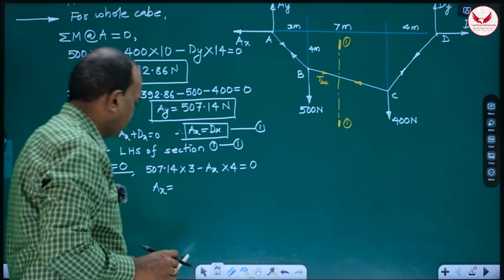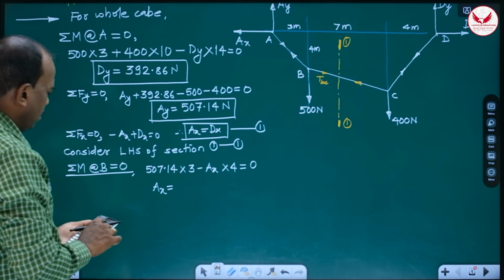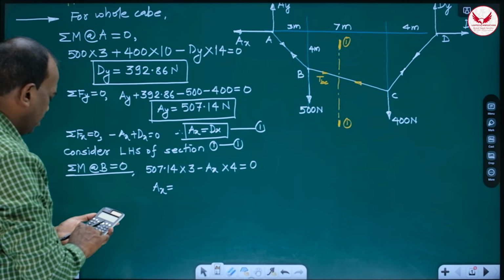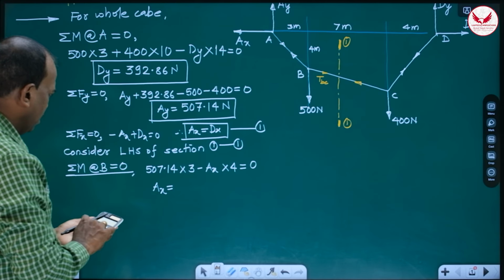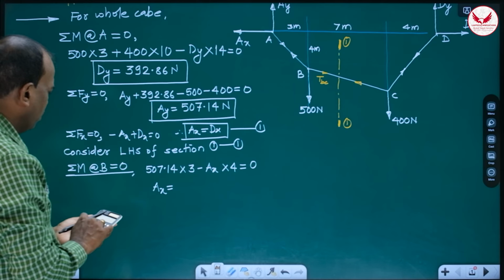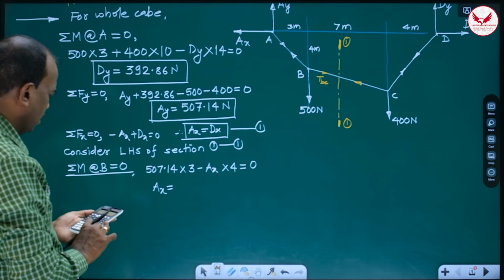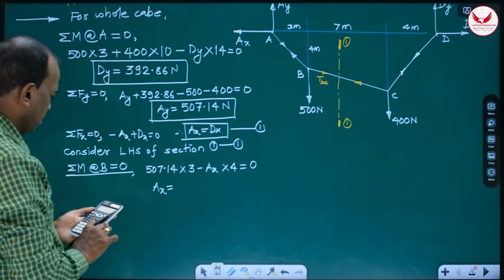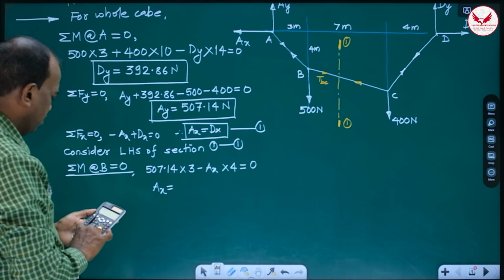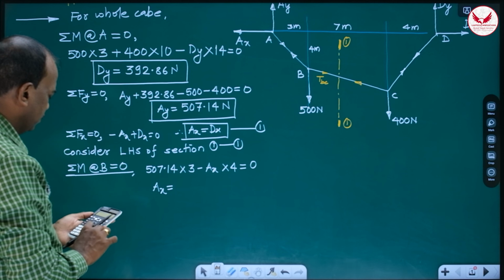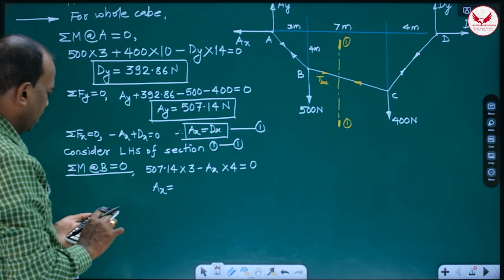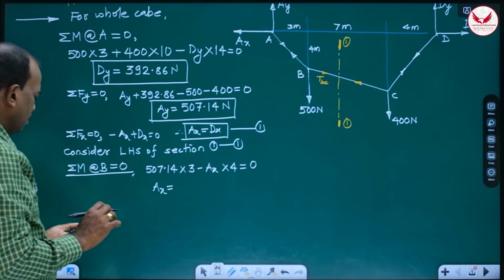Once we calculate this, 507.14 into 3 divided by 4, it is 380.36.